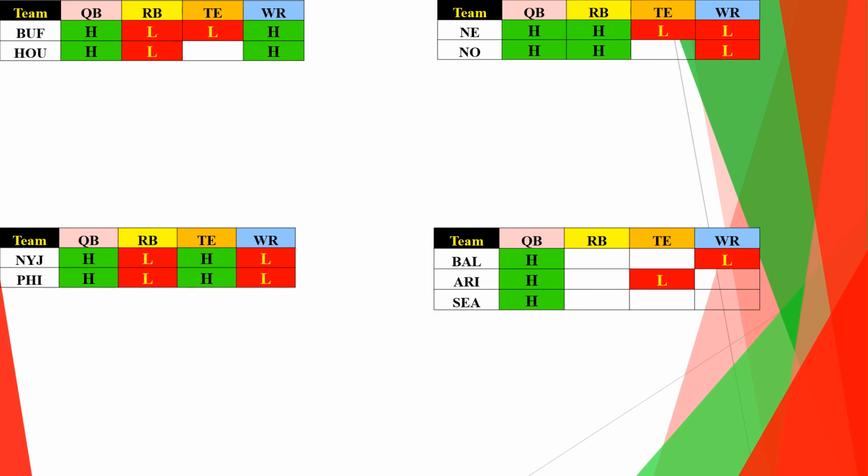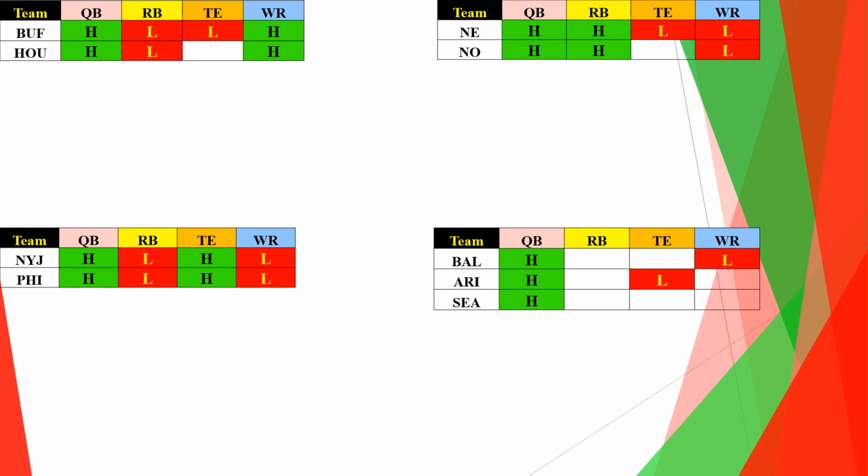So you have the team, the quarterback, the running back, tight end, and wide receiver, and I mark high or low or neutral. So Buffalo is high quarterback, high wide receiver, low in the other two.